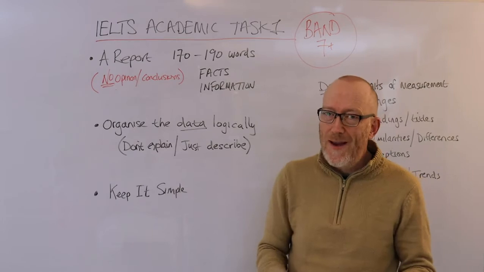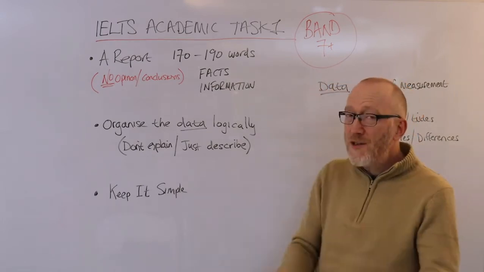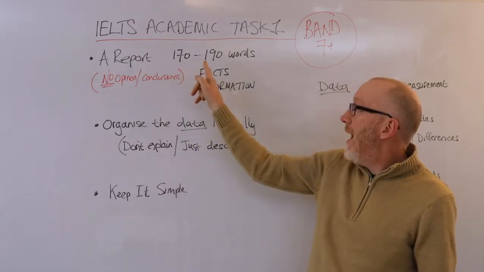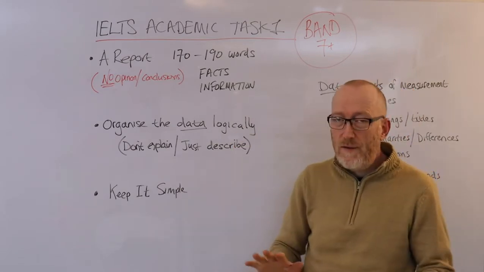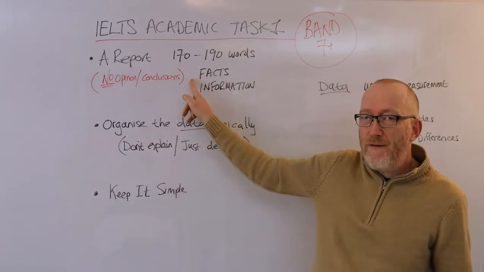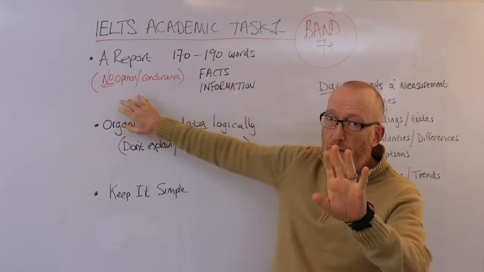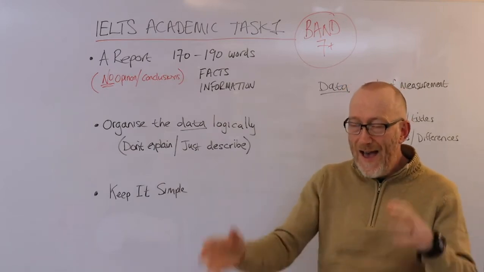But you need to demonstrate that you can do more than just the minimum. So I'm going to suggest that you should aim for somewhere between 170 and 190 words. So not a lot of words, and all you're doing is reporting the facts and the information that you've been given already. So remember, no opinions, no conclusions, you're just reporting data and fact as you can see it.